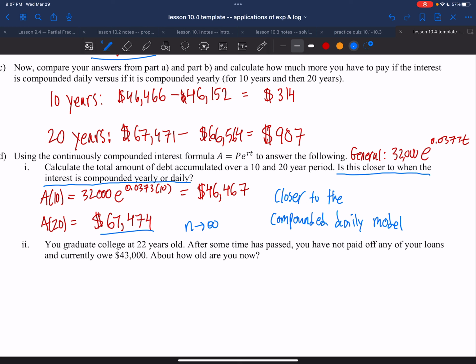And the thing about the daily rate is we did 365, which as a fraction, 1 over 365 is really, really, really small, right? And so that's why this is so close. It's because we've picked a big number for n. It's by no means close to infinity, of course, but it's big.